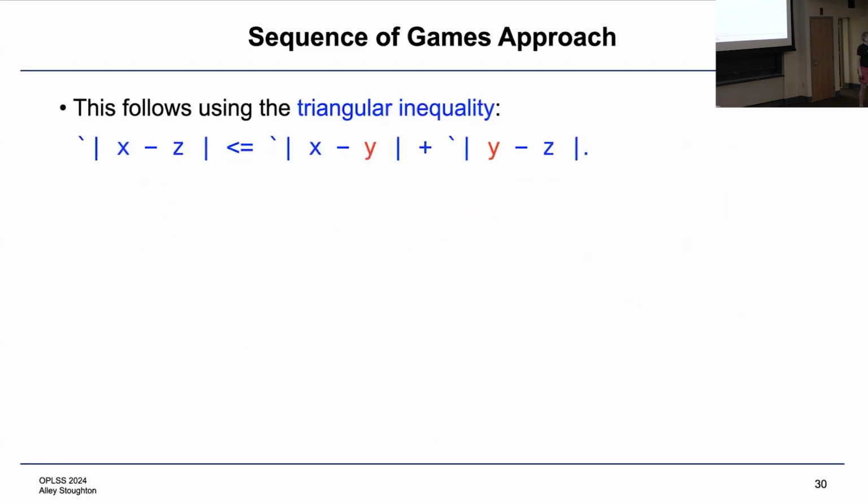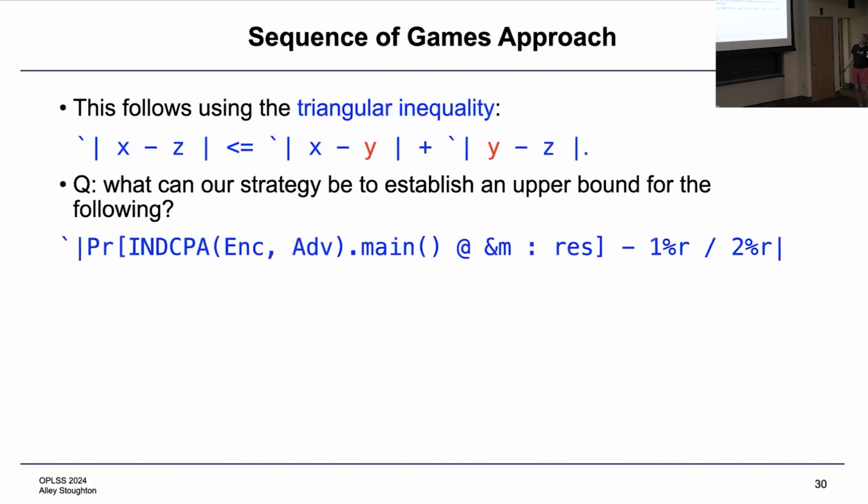It works because of the triangle inequality, that the absolute value of x minus y is less than or equal to the absolute value of x minus z plus the absolute value of z minus y. So these have to be the same, and then you can go from x to y. That's what justifies the math on the previous slide.